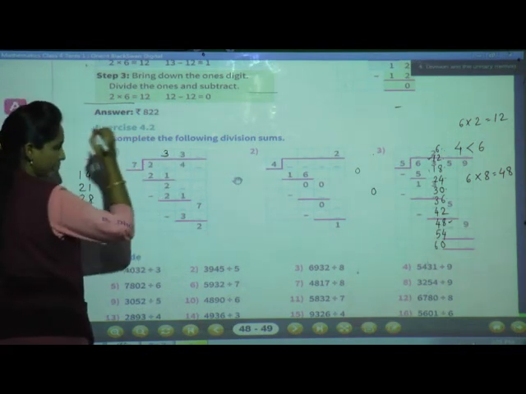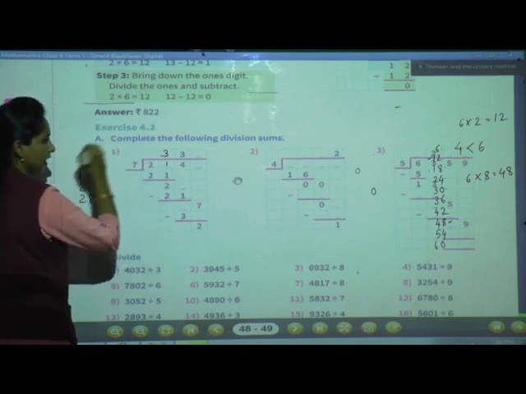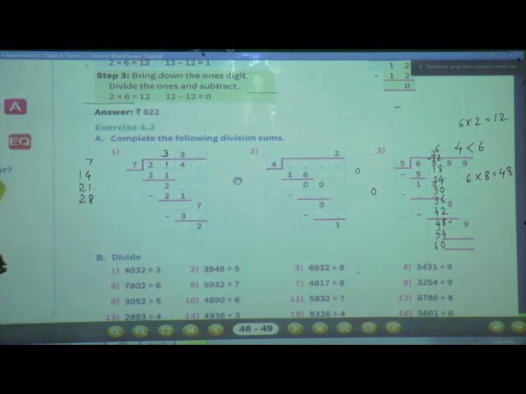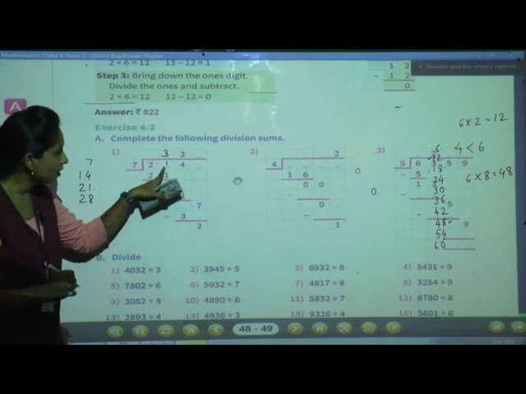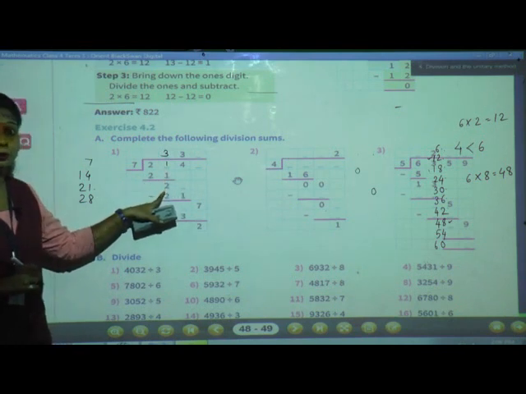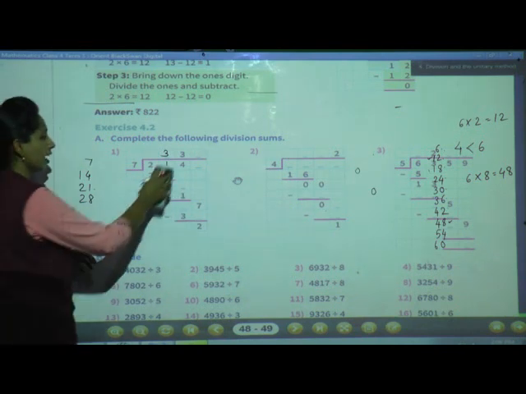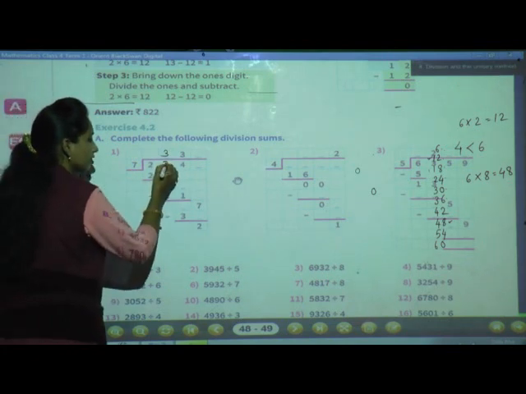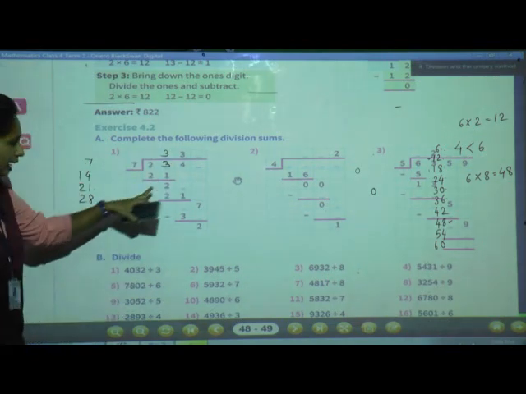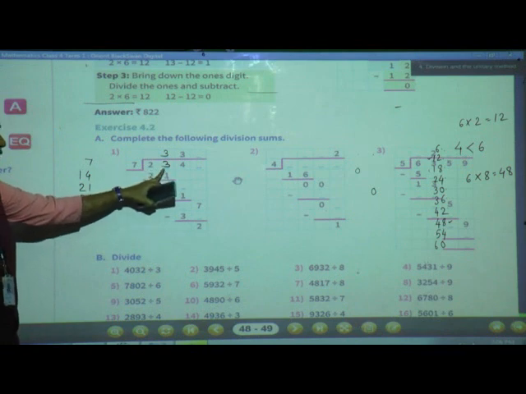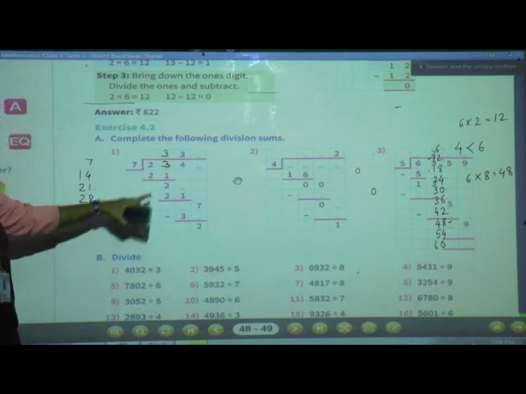So here we have to write 3 and here 21. But whenever we subtract, we should get 2. So if we subtract 1 from 3, we get 2. So here we have to write 3. Understood?